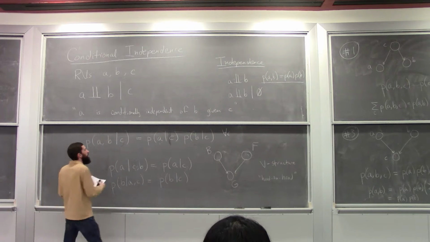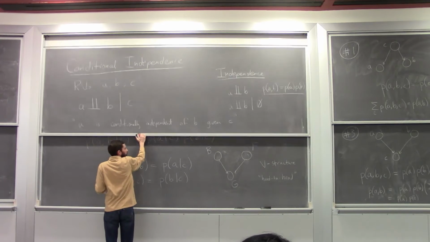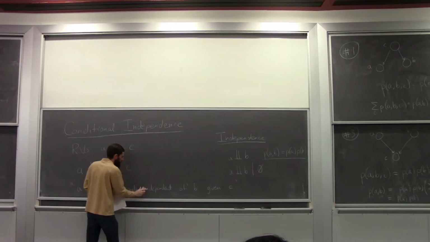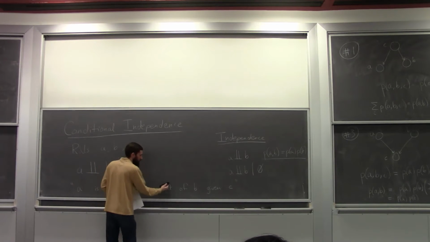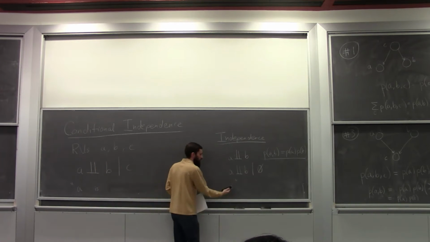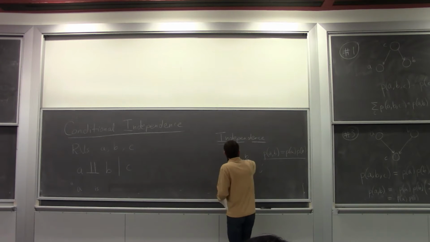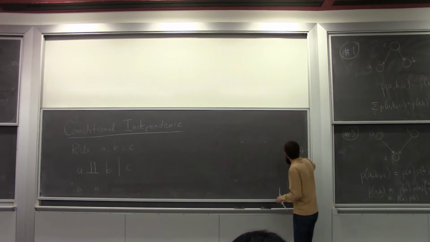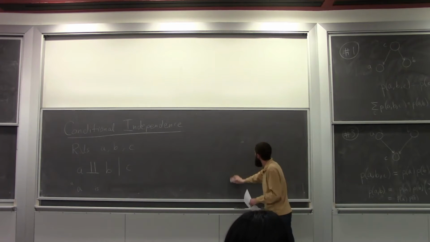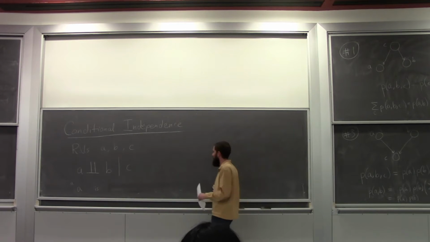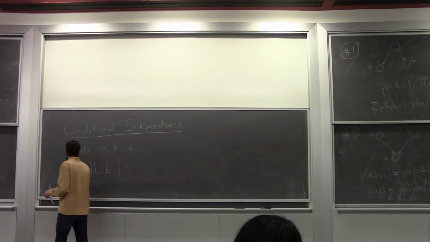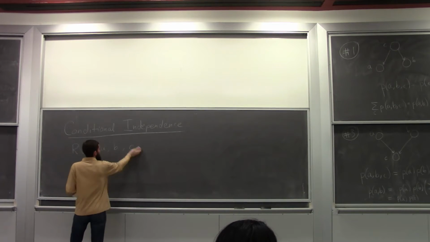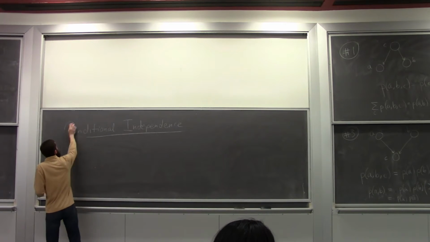I can take very complex networks, very complex models, and read off the graph just visually whether or not two random variables are related to each other. Are they independent? Are they conditionally independent? I can get this directly from the graph. And this is a concept called D-separation.